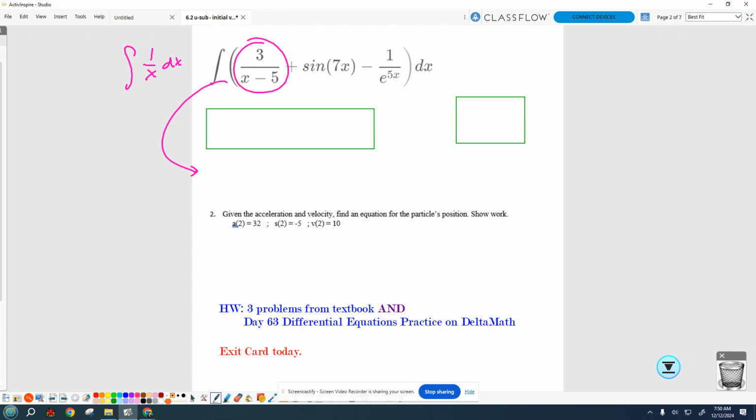Whose derivative is 1 over x? What's ln x? So Zach, what's the integral of this one?